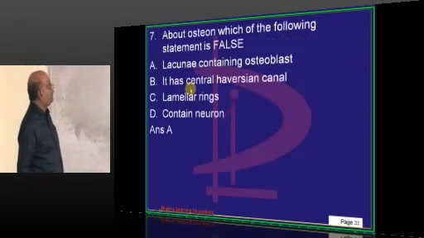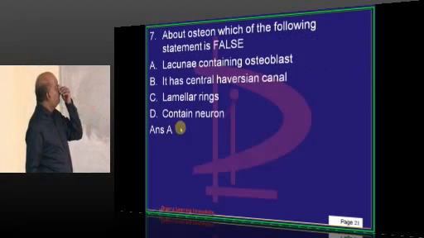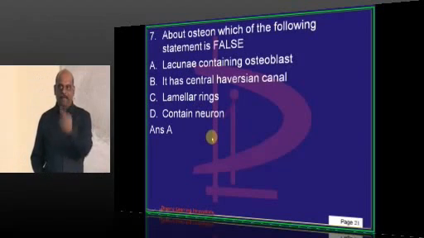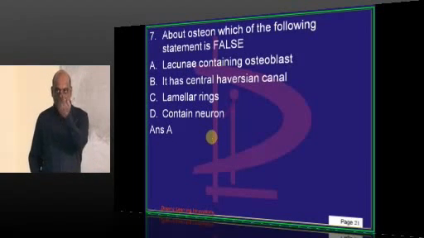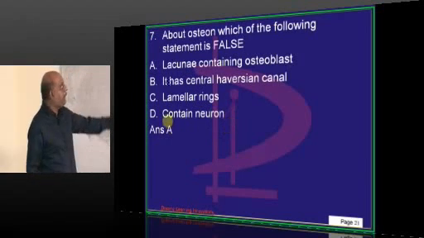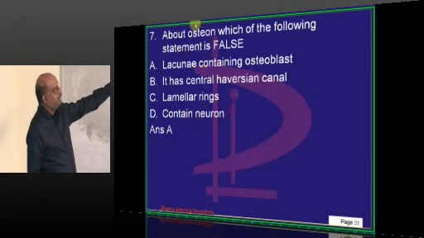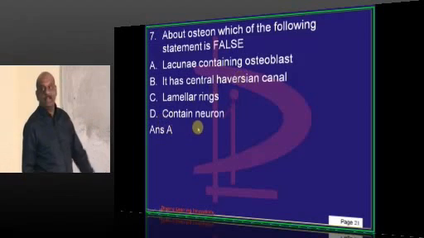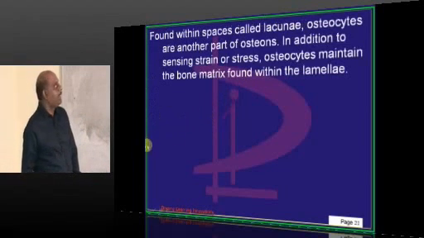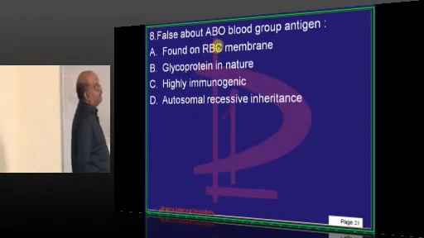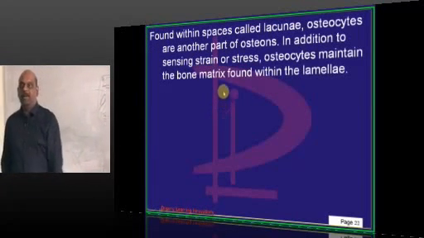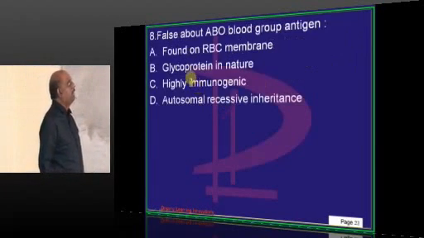Option D. What about option D? About osteon, yes, the surrounding nerve fibers which are passing into the bone, they pass in relation to the osteon. So basically contains neuron is true. In fact it will contain a neurovascular bundle which will be passing along the osteon.